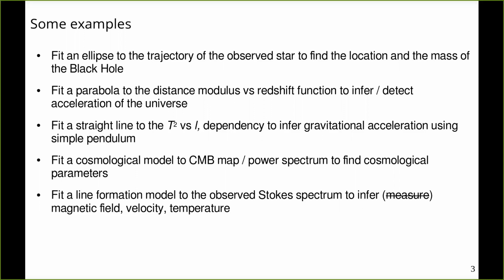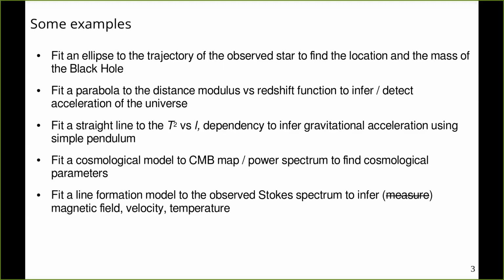Then you can go to more complicated models. For example, you can use a cosmological model, which depends on multiple cosmological parameters, and fit the power spectrum of the CMB in order to determine these cosmological parameters, and that's what people from the Planck collaboration are doing, for example. And then finally, the solar physics example, what we ultimately want to do, is to fit some line formation model to the observed Stokes spectrum in order to infer magnetic fields, velocities, temperatures, and so on.